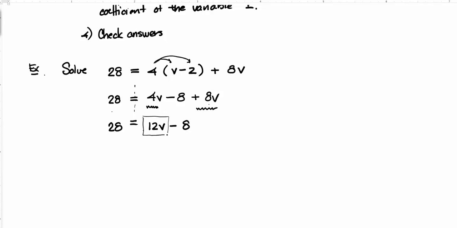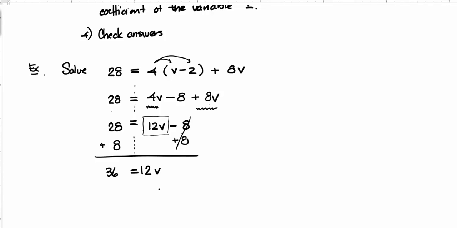That's it, in the entire equation. So I want to isolate that. What do I want to do? I'm subtracting 8 from it, so I'm going to add 8 on this side. Now I can start moving things across, right? So I add 8 over here to get rid of this minus 8, so I have to add 8 on this side. So now these guys disappear, and I get 36 equals 12v.